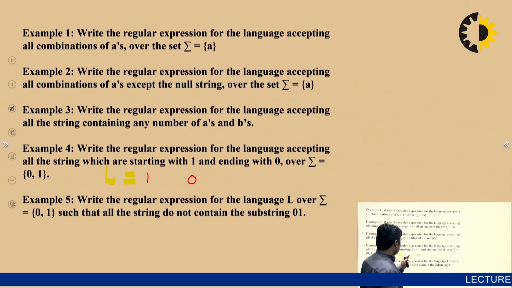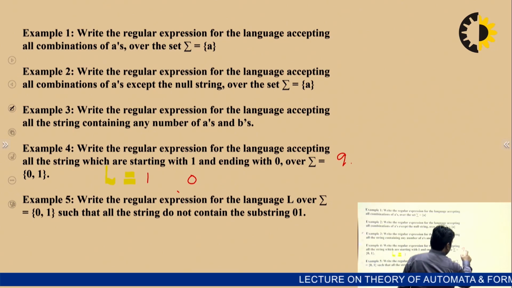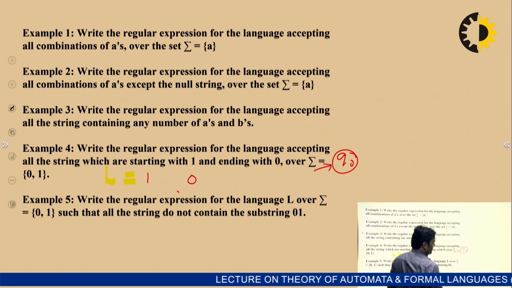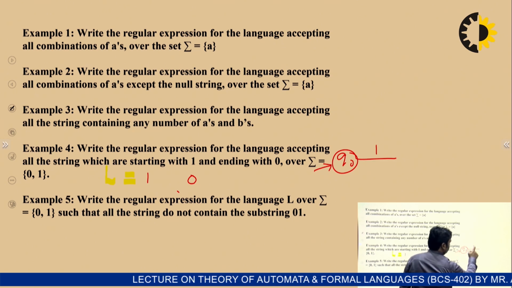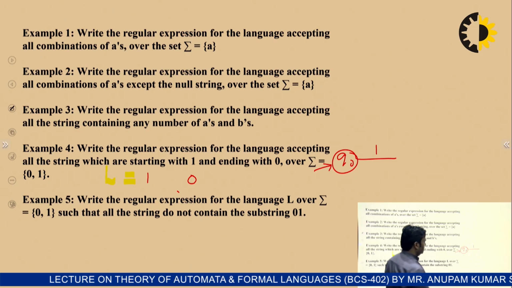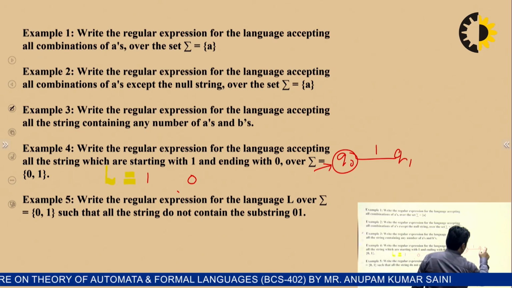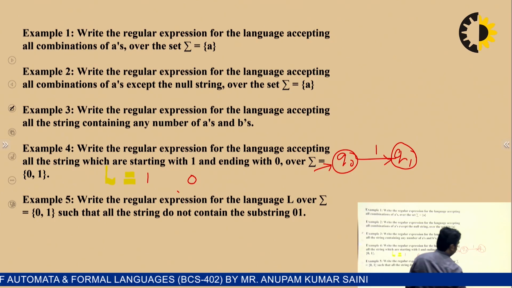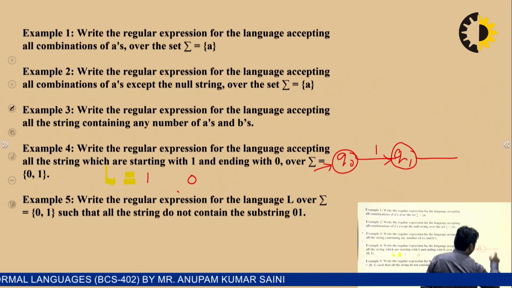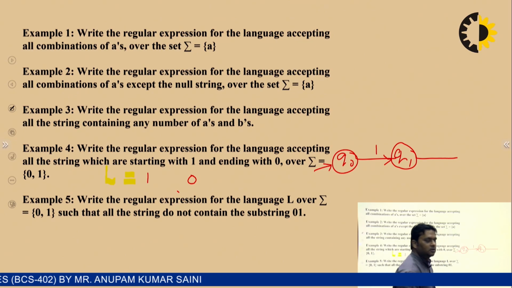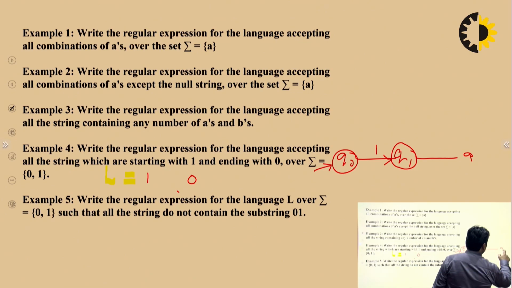So if we construct the DFA for this, we draw the transition diagram. Q naught, except it starts with 1, then moves to Q1, and ends with 0.